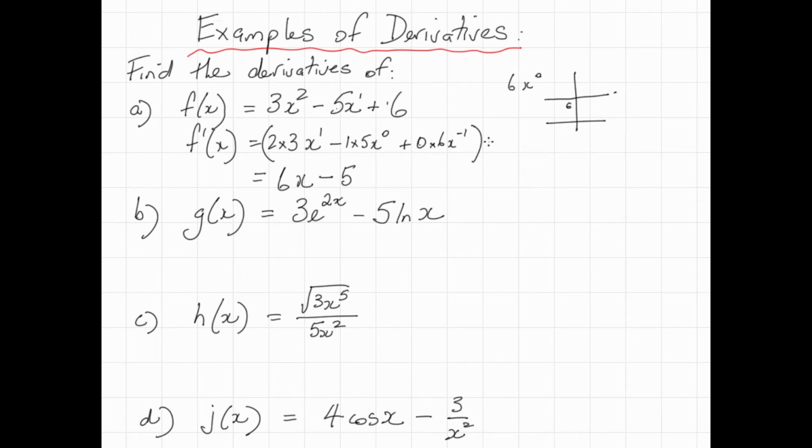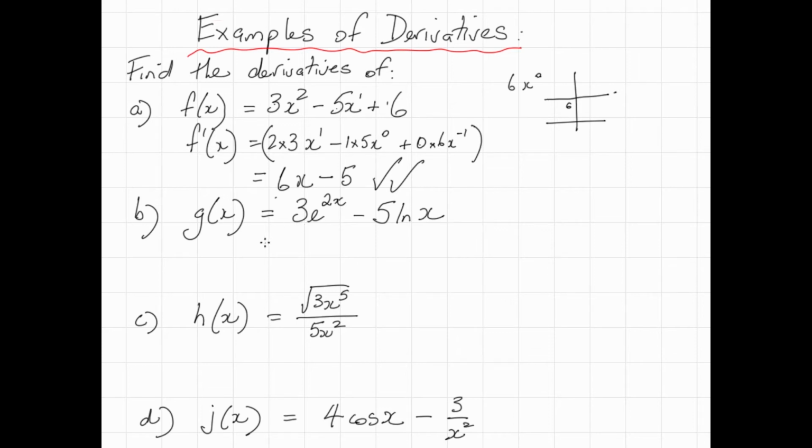And the derivative of a constant with no x's in is just equal to 0, so there's our answer. So we got 6x take 5 as the derivative of 3x squared. Now that says that the gradient at any point on that curve can be calculated by having the x value substituted in here, and that'll give you the gradient.